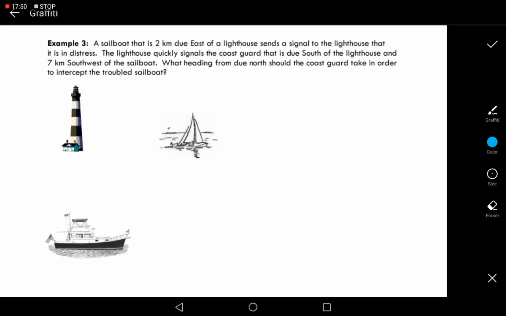This isn't asking us for any sort of distance, which means that it is asking us for an angle. So that's the first part: identify what we're trying to find. We need to try to find an angle. Specifically, we need to find the angle that the Coast Guard needs to take to get to that sailboat.